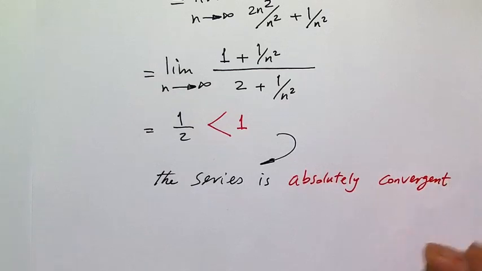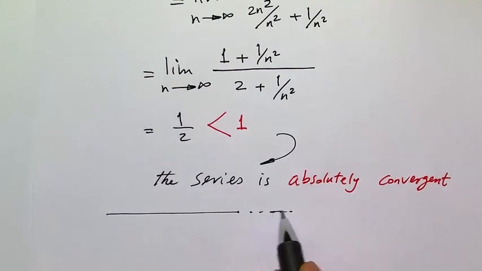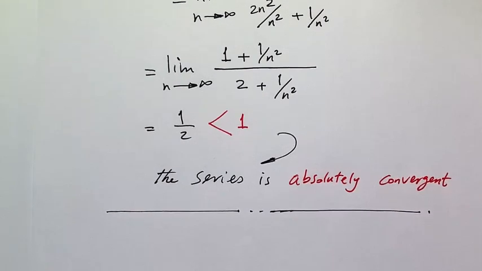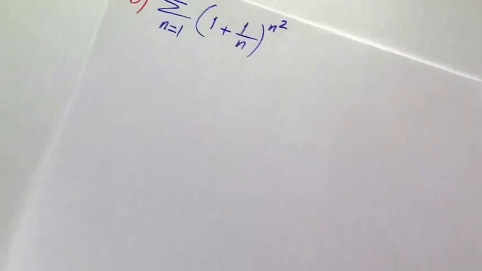Convergence by the root test and the ratio test is automatically absolute convergence. I hope this is the result you also got, working this out on your own.